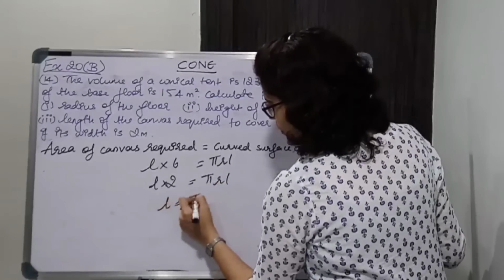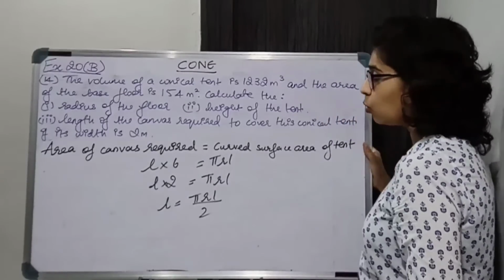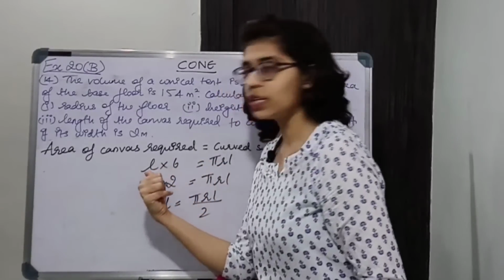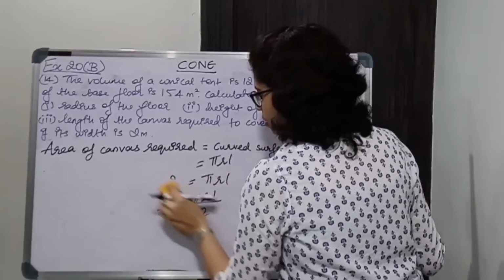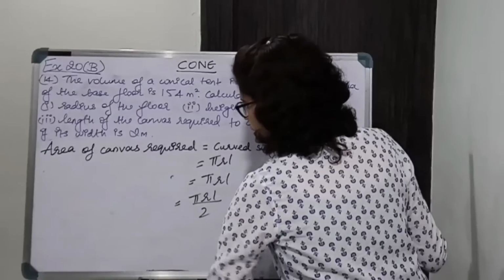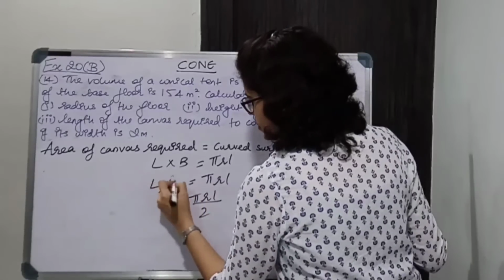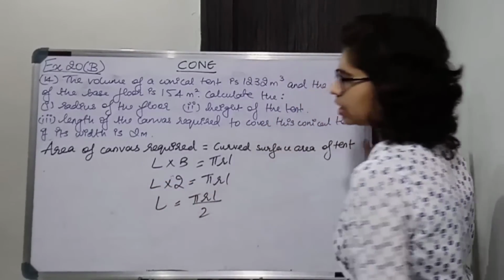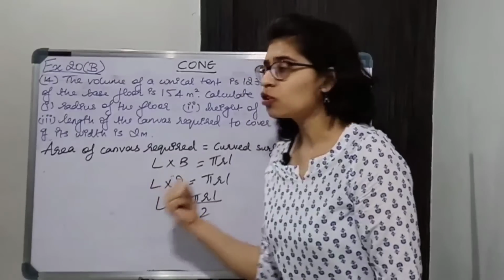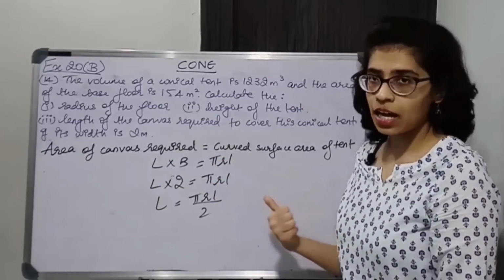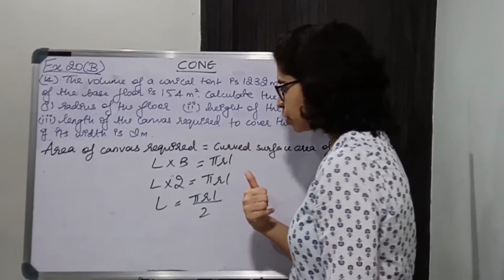So L is equal to pi RL upon 2. Now over here we have L here as well as here. So what we'll do is we'll write capital L into capital B. We have to write down the statement for that. Let the length and breadth of the canvas be capital L and capital B respectively. So you have to write down the statement for that.